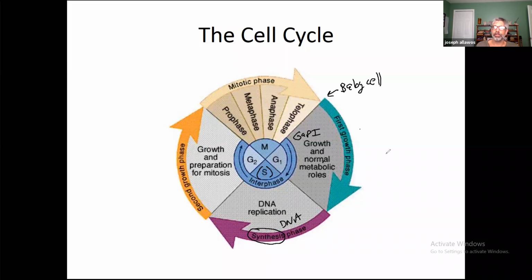So it's worth it to take a second to understand what we mean by replication. Well, what we mean is that we start with one copy of the DNA and we end up with 2 identical copies or replicas.